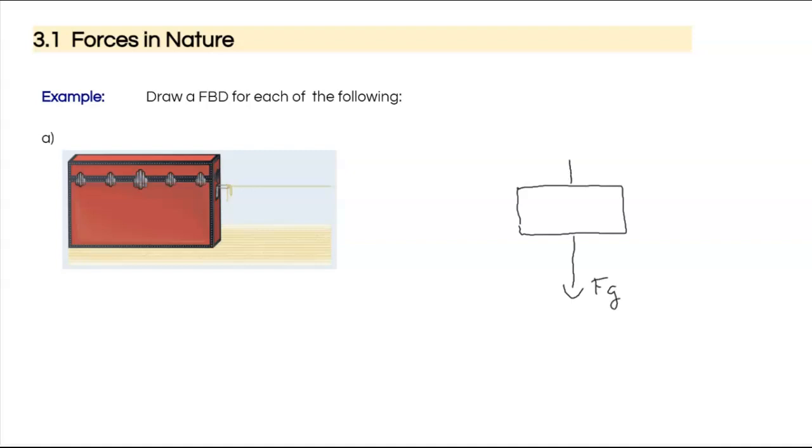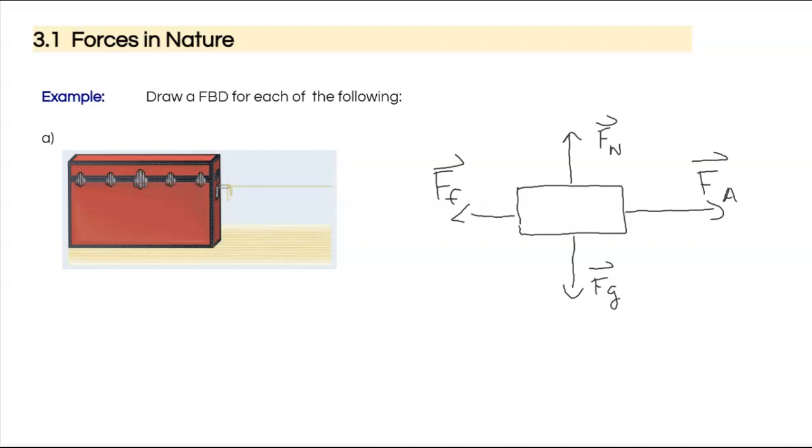And it's also going to be experiencing a normal force that is directly opposite to that. Now, I also know that it is being pulled, and so there is absolutely an applied force acting on this trunk. And I'm going to assume that this is not a frictionless surface, and so there is likely to be a force of friction acting opposite the motion as well.